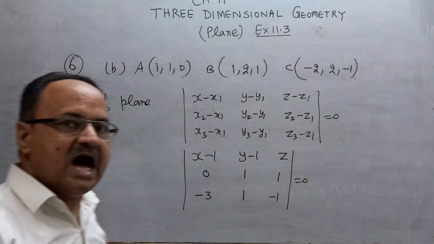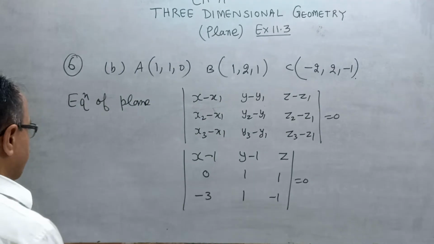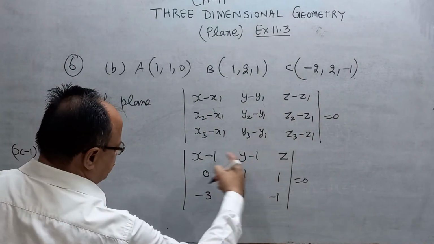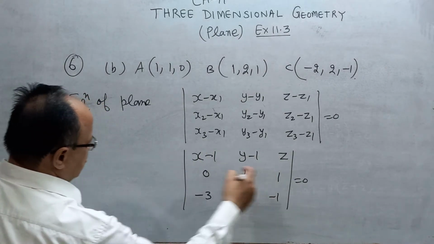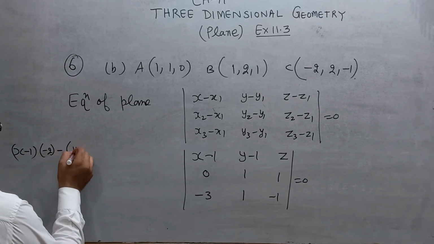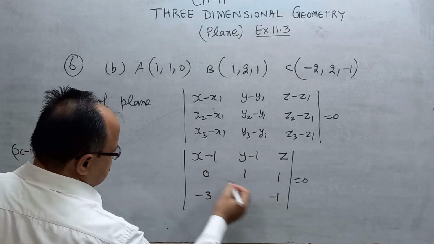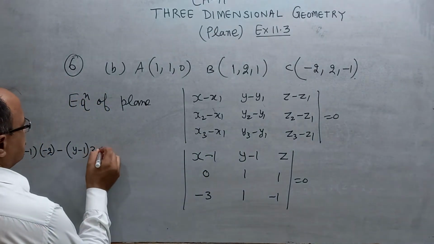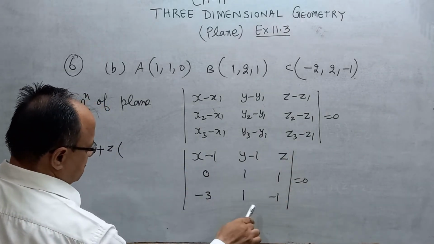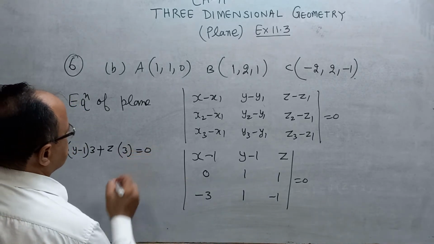Now expand by R1 using the properties of determinant. First row, first column: cancel, giving minus 1 minus 2. Minus (y minus 1), first row, second column cancelled: 0 plus 3, that is 3. Plus z, first row, third column cancelled, here also 0.